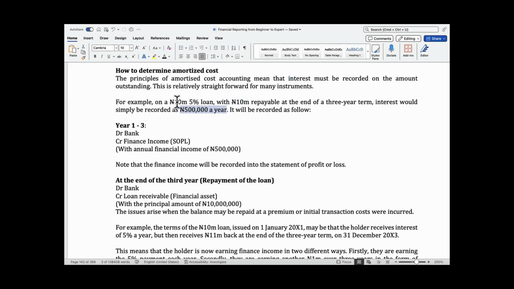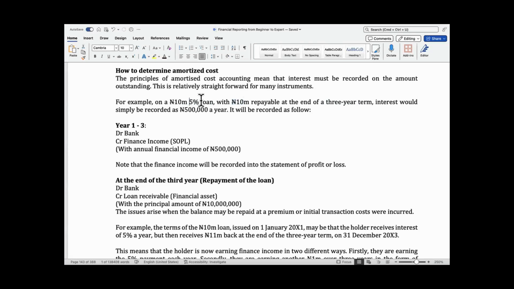So this is a situation where you invested in a 10 million naira 5% loan, and at maturity, which is at the end of the 3rd year, you are going to get back your 10 million. This is a popular one. This is the one everybody does, no complexity.